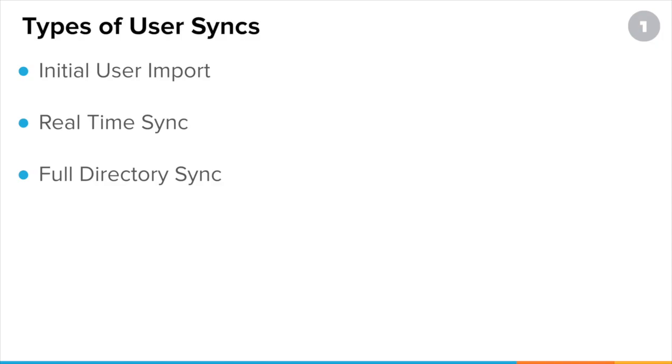There is also a periodic full directory sync, and it's used to catch certain types of changes. For example, when users are added to a group, not when groups are added to the user. And I'll talk a little bit about that distinction in a few minutes here.